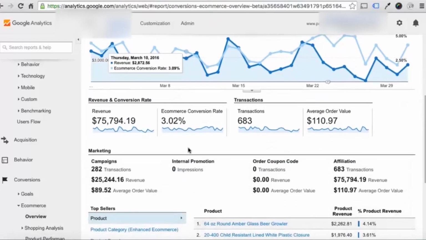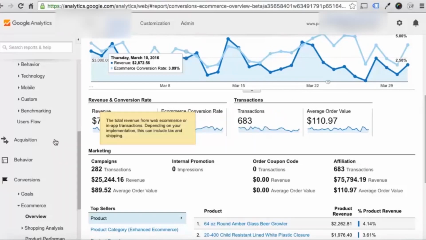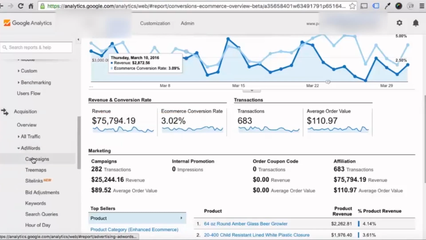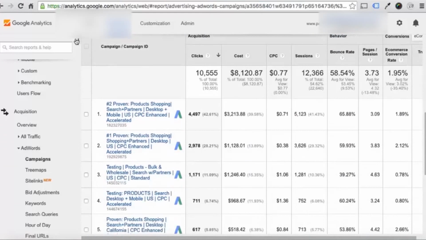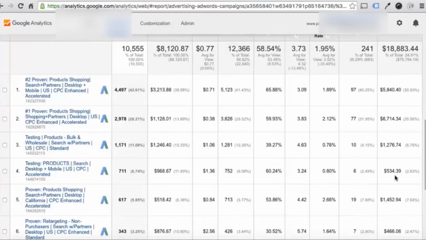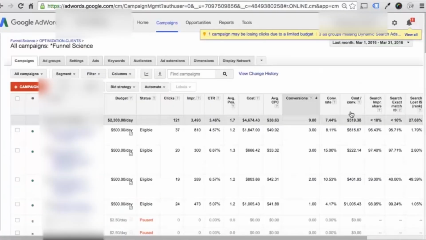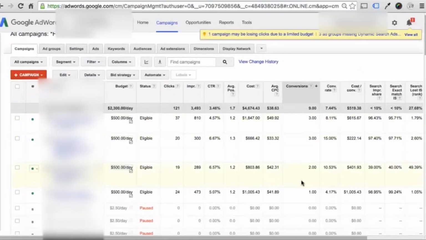So this is what your e-commerce analytics would look like, and you can see how much revenue you're getting and what the checkout rate is or reservation rate, how many transactions, average order value. And then if you were to go to AdWords, you could come down to the AdWords section of your analytics and see specifically how much revenue is being earned based on the AdWords data. So that is what should be showing in this conversions report.